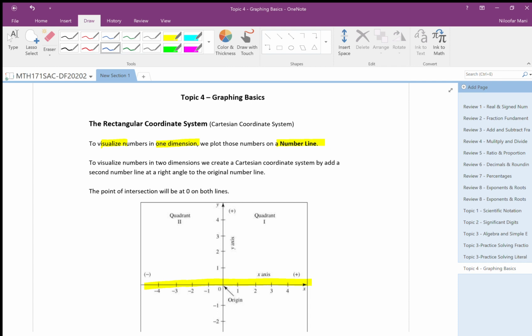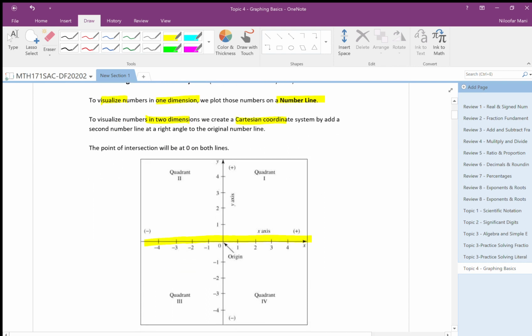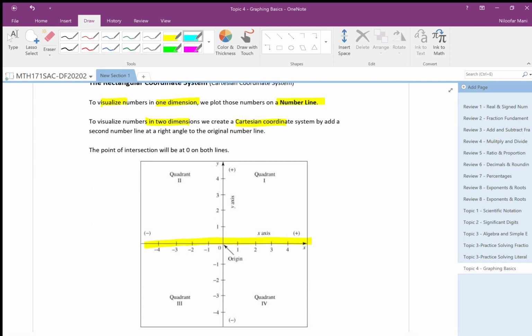To visualize numbers in 2 dimensions, we need a Cartesian coordinate or rectangular coordinate system. How do we make it? We have one number line. We make another number line perpendicular to that number line.